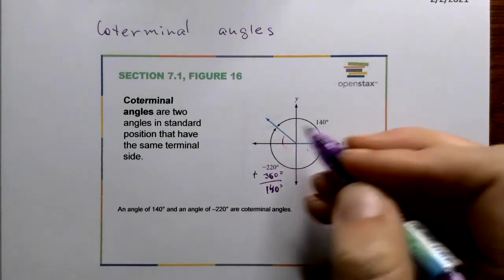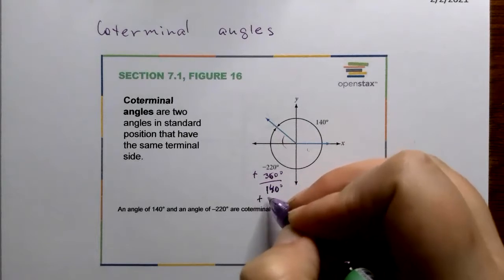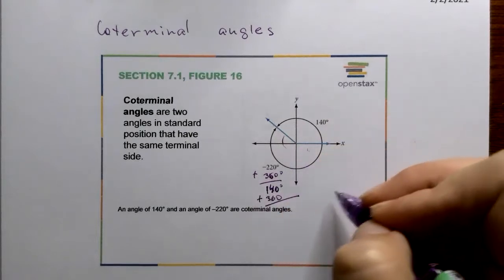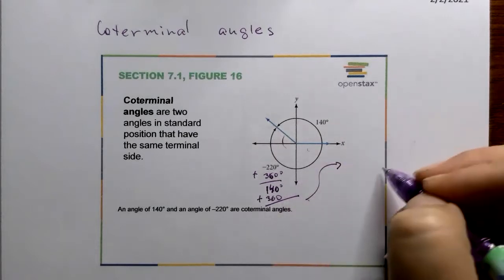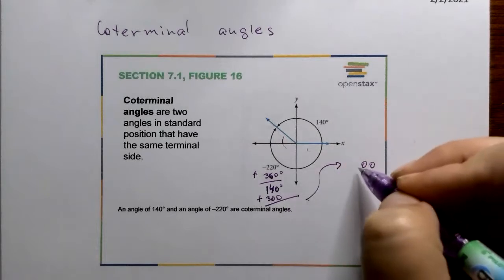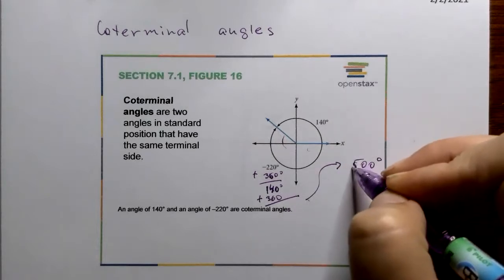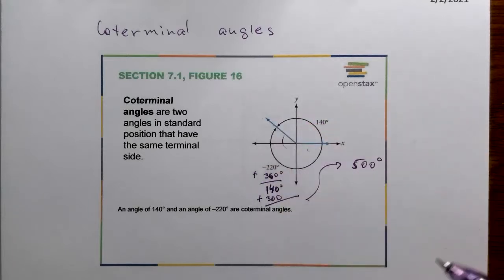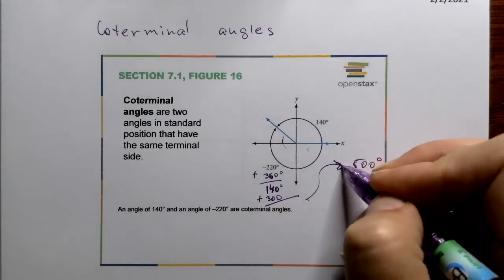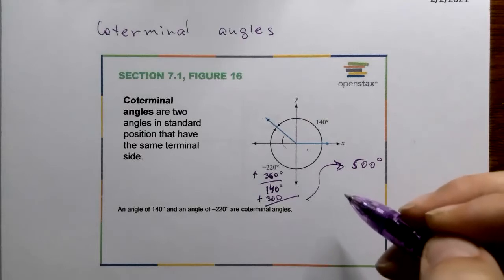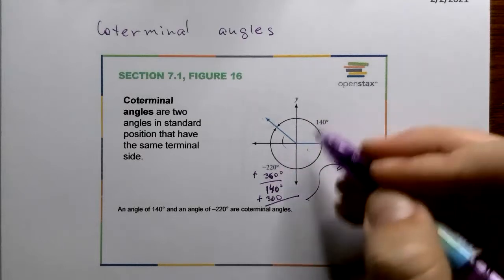So we could get another coterminal angle by adding 360 to 140 again, and that's going to be 500. A 500-degree angle will also have the same terminal side. So you can find coterminal angles by adding or subtracting 360 degrees, the full revolution around the circle.